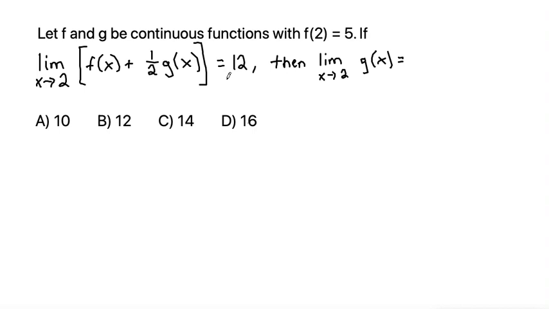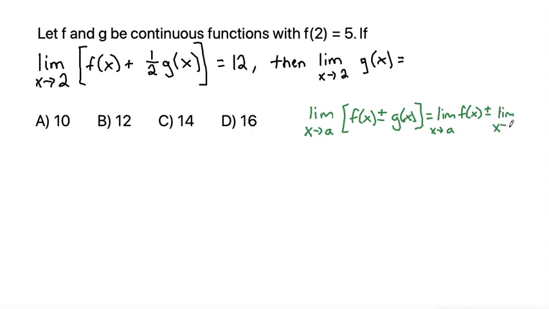And so one thing we can say is that the limit as x approaches a of f of x plus or minus g of x, we can write as the limit as x approaches a of f of x, and then plus or minus the limit as x approaches a of g of x.